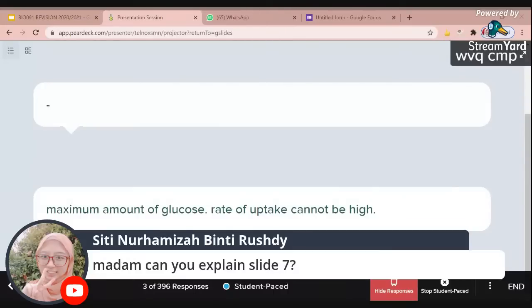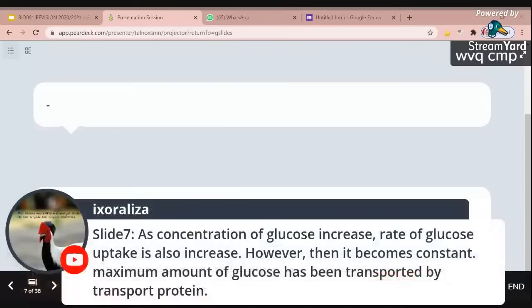Maximum amount of glucose. Alright, so I think ni lah jawapan dia.